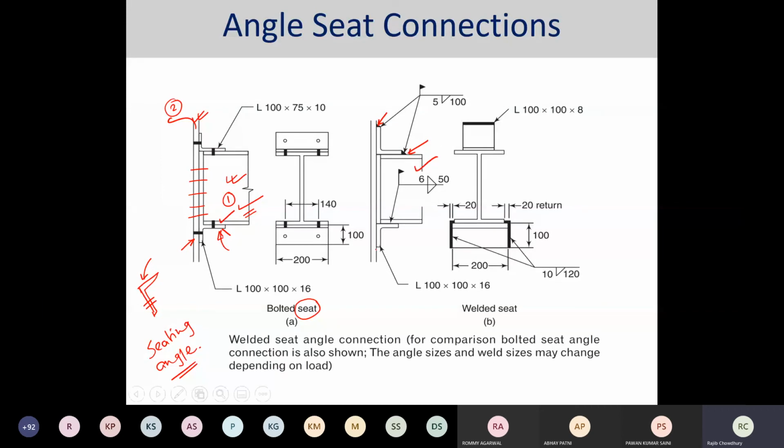At the bottom also, here I have not provided the welding, but it also has to be provided. So this entire configuration is termed as the seat angle connection or the sitting angle connection. It can be made either through a bolted connection or through a welded connection.